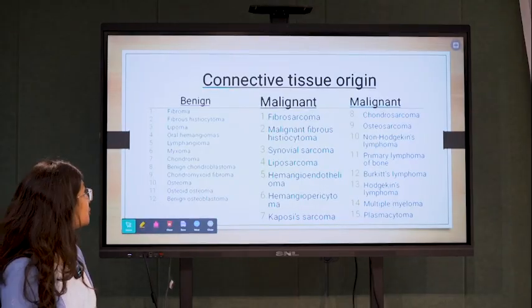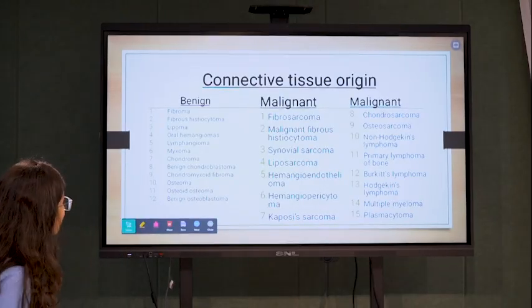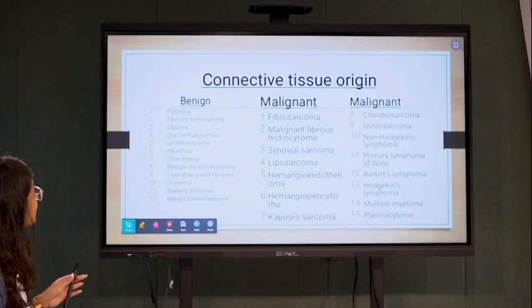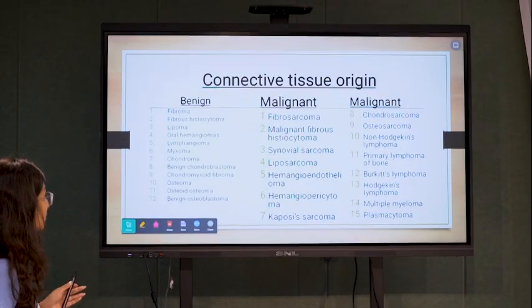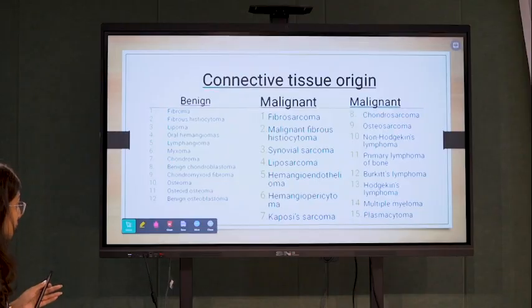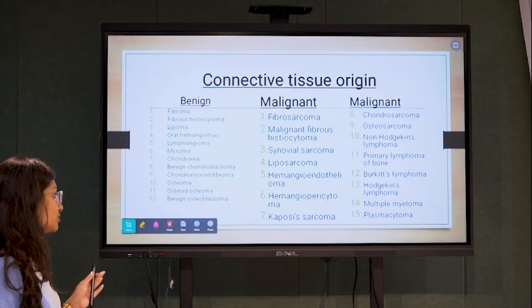Then the connective tissue has the fibroma, lipoma in benign, myxoma, chondroma, benign chondroblastoma, osteoma, benign osteoblastoma.